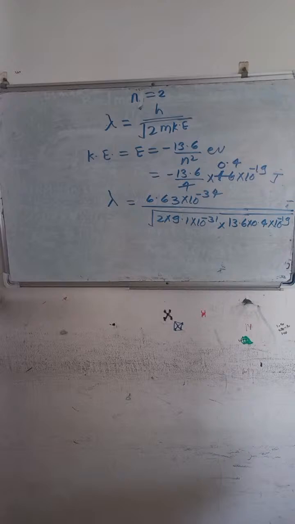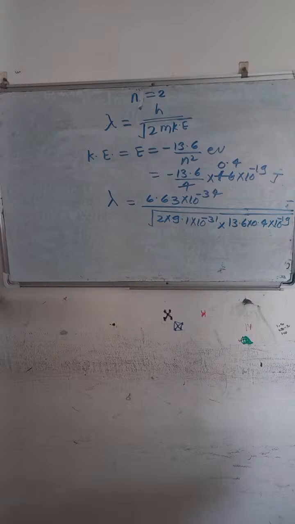Check how much answer you get. 0.4 will come out from the square root. 31 plus 19 is 50, and you can take it out as minus 25.